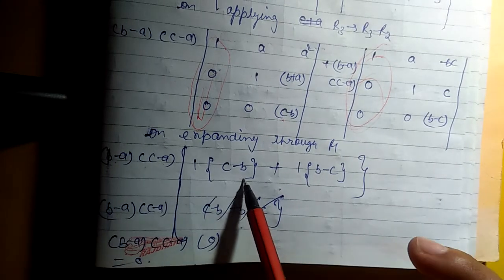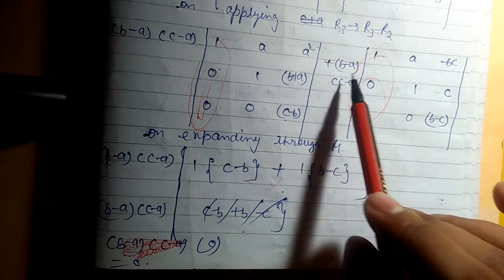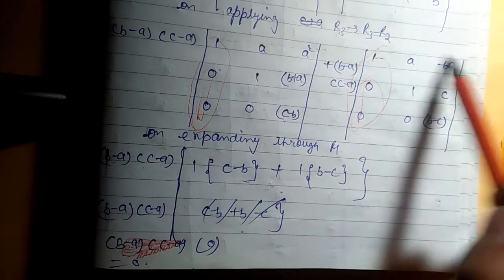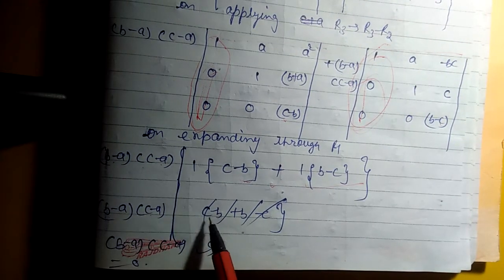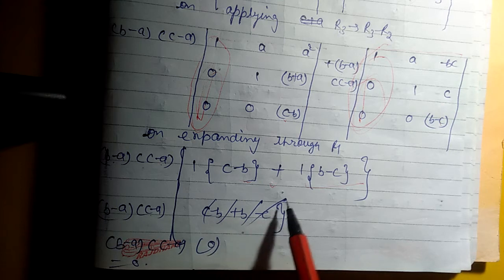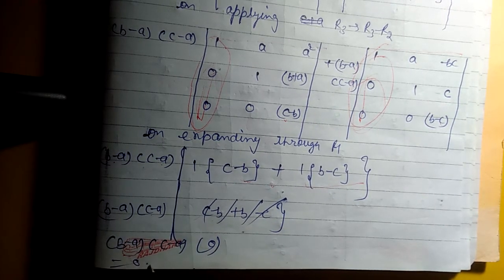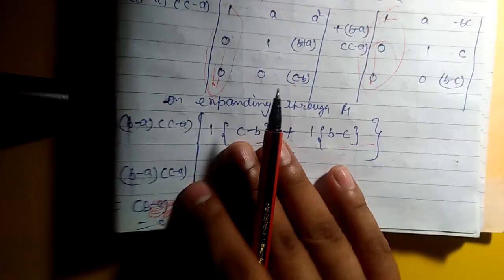So you will write down c minus b as it is, because b minus a and c minus a you have taken out common from the entire term, and you will expand here, and you will get b minus c. And b minus a and c minus a, you can write c minus b plus b minus c; you can cancel it out, and you will get 0, and the entire value you will get is 0. So you get the value 0 for this question.